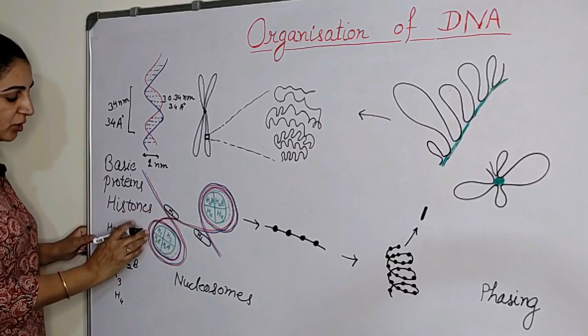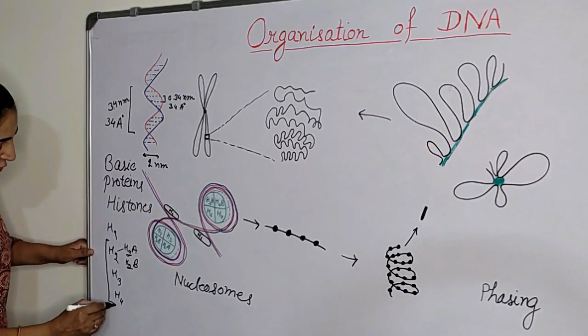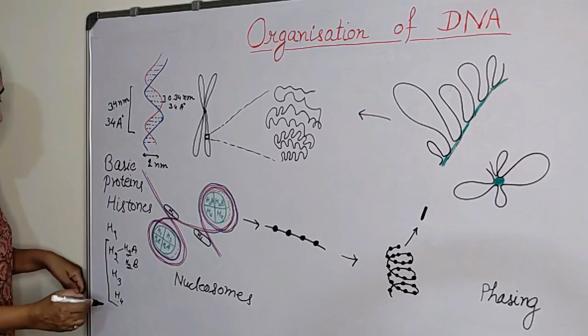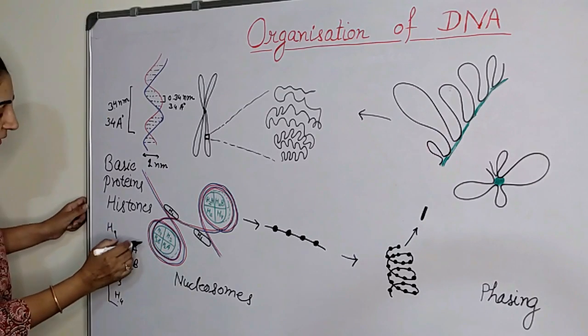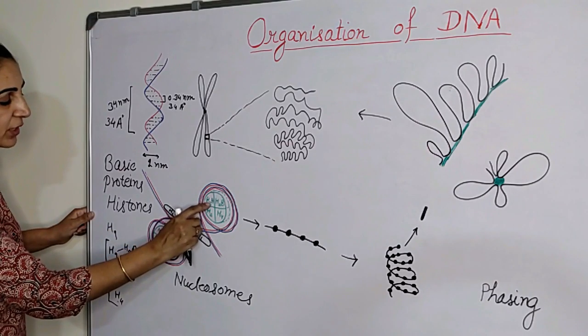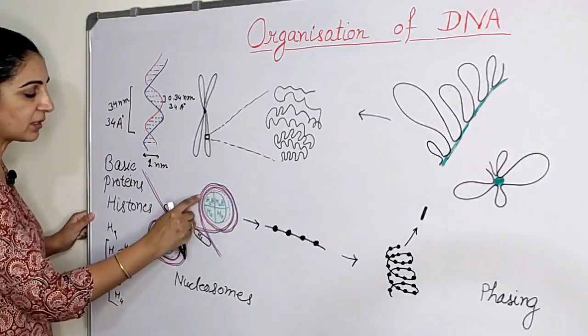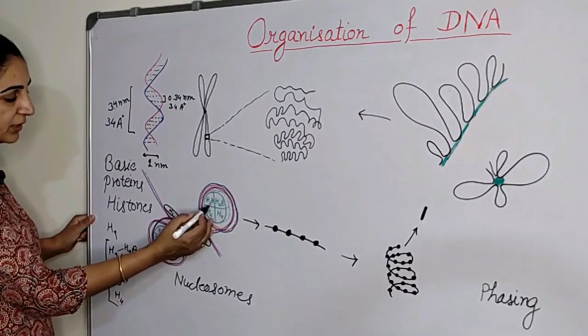So when we form the nucleosomes, all these kinds of histones, that is H2A, H2B, H3 and H4, form the histone core structure. Suppose this is H2A, H2B, H3 and H4. All these combine together to form the tetramer of the histone proteins.